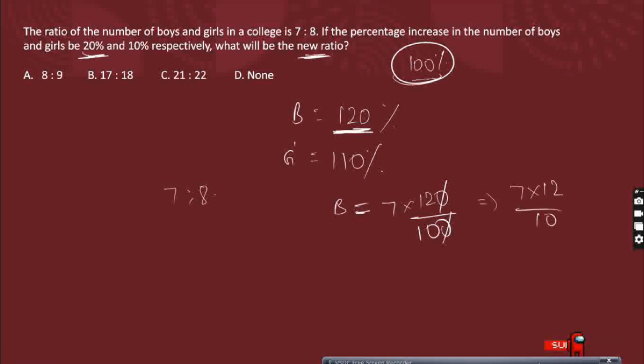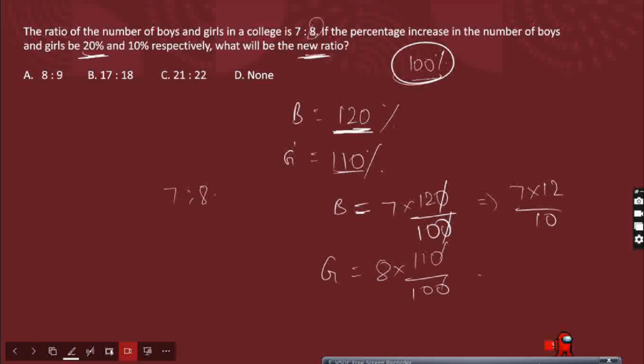Now this is for the boys, and for the girls, the given ratio is 8. So 8 into 110 by 100. And this will give you 8 into 11 by 10, right? Now they are asking to calculate the new ratio.